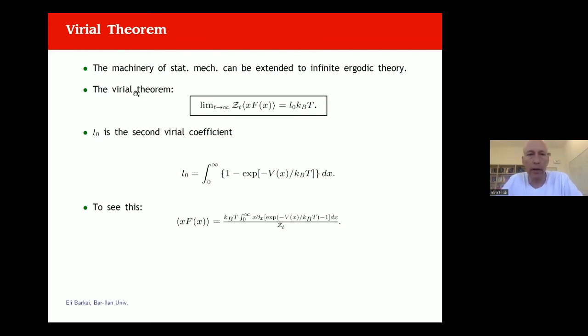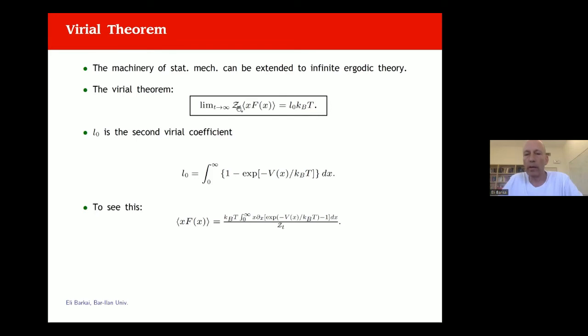I'll give you one example, or two if I have time. One of them is the Virial Theorem, which I like. The usual idea is that I can relate this multiplication of the force times x with temperature T. And x times f(x), if you think about it a little bit, in my example goes to 0 at large distances because the potential goes to 0.